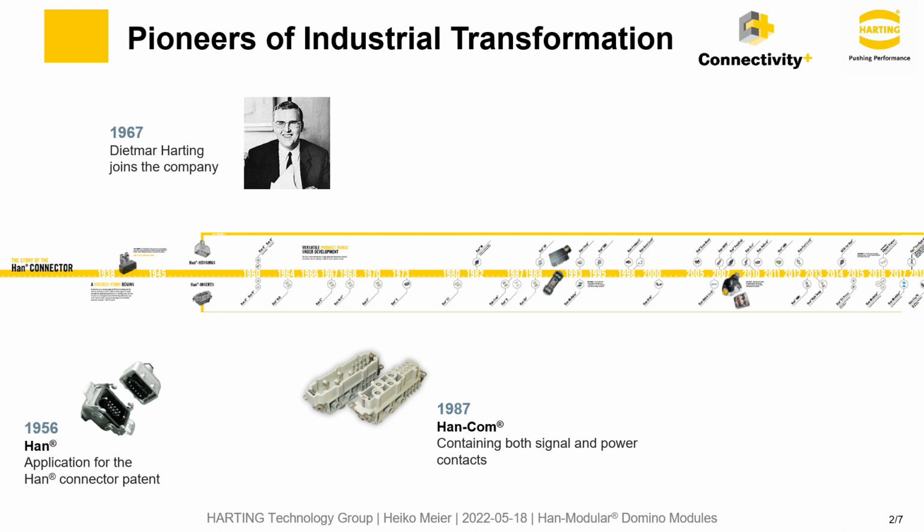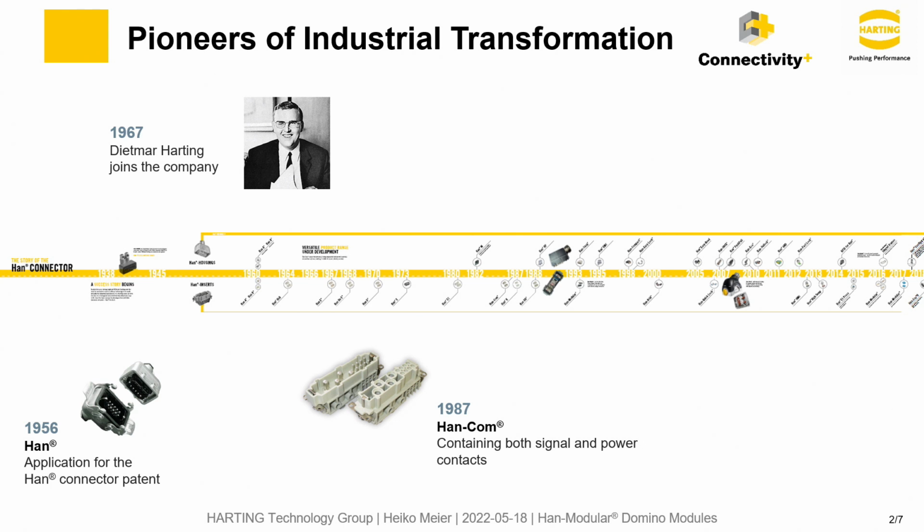So in the 1980s, Harting created the first combined industrial connectors. In this case, our customers could combine power and signal into one connector. This was a significant advantage.